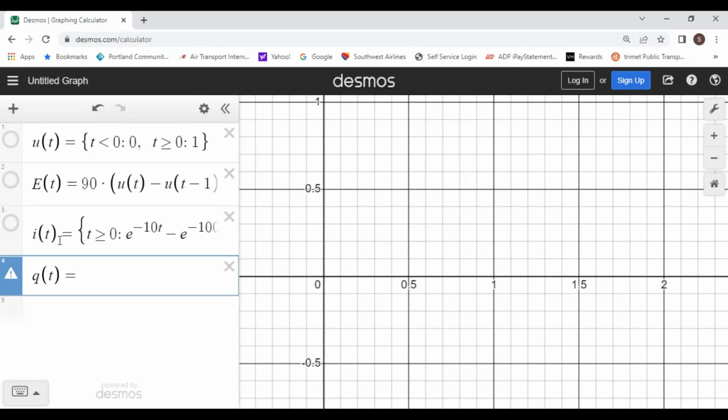Now, it turns out that Desmos is perfectly capable of calculating numerical integrals of functions. And in particular here, I'm just going to have Q be the integral from 0 to t of our I of t.